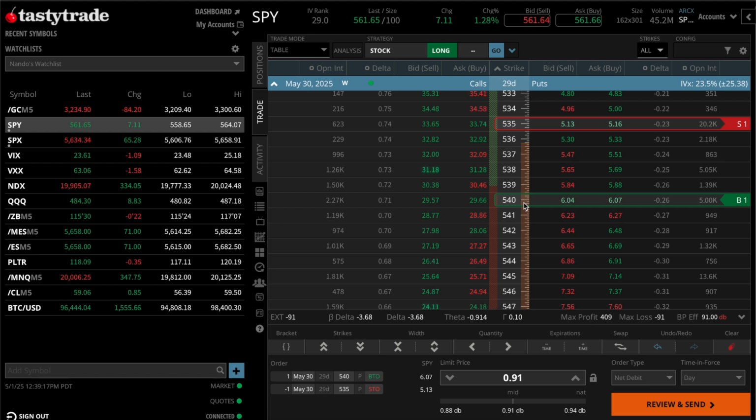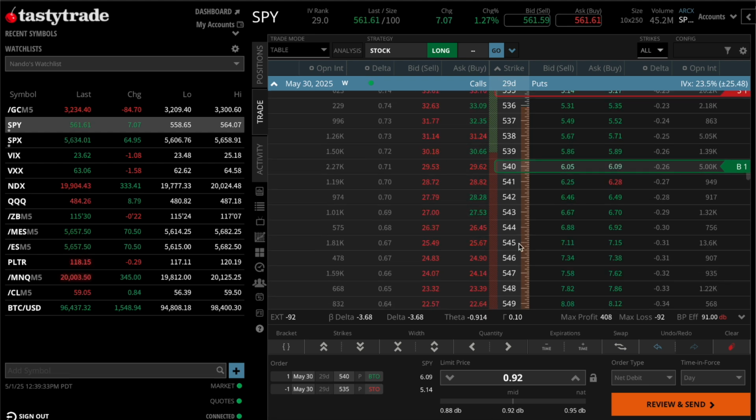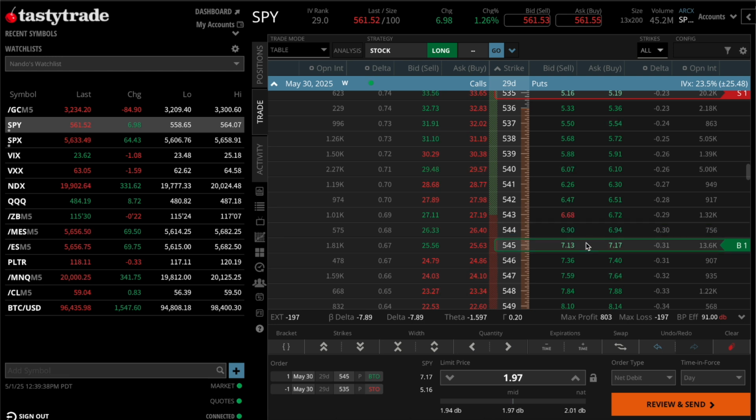Let's say at the end of the month, May 30th, SPY is trading at 535. If that's the case, this spread is going to go out for a $500 winner, and it cost me $1.90. But originally I was going to spend $1.90, so say that I did this.